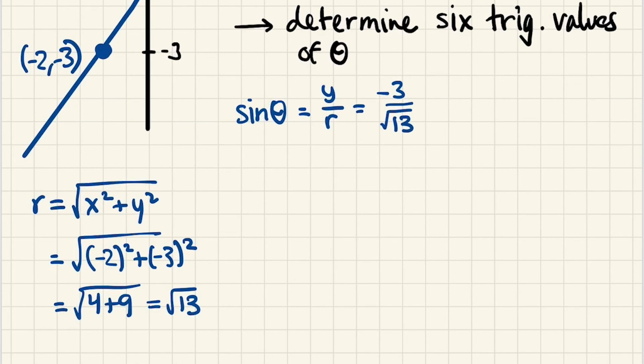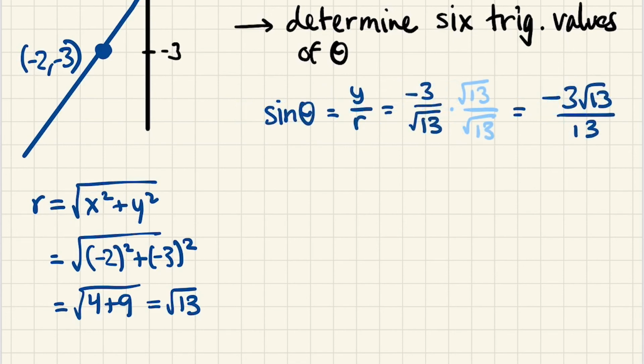Now we should rationalize our denominators. So we'll multiply the top and the bottom by rad 13, giving us a sine value of negative 3 rad 13 over 13. Okay, cosine of theta is x over r, and x is negative 2, so this is negative 2 over rad 13.